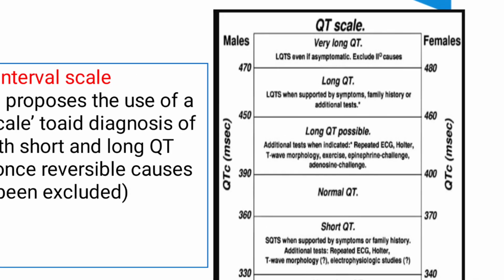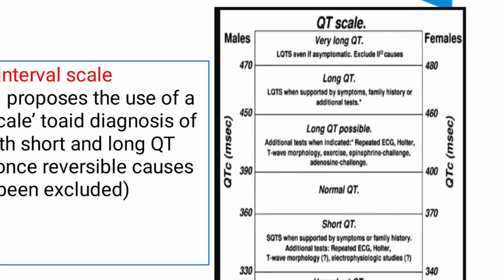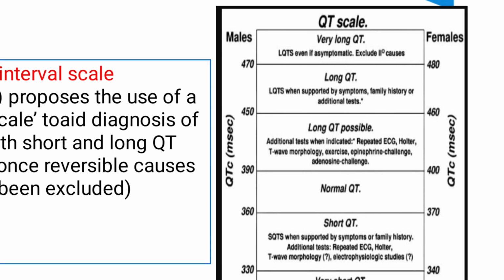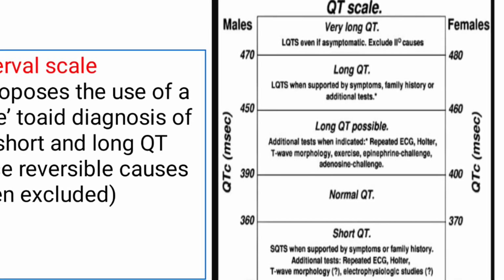So here we can see, in both males and females, when do we say very long QT? If it is more than 470 in males and more than 480 in females, even if the patient is asymptomatic, we have to exclude the secondary causes.